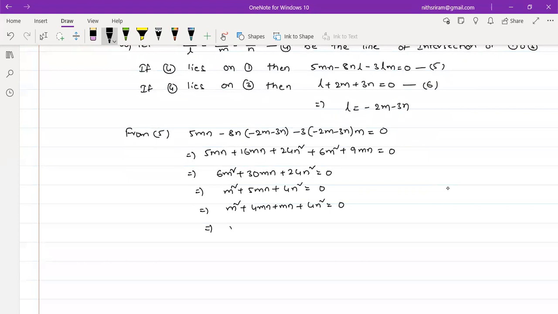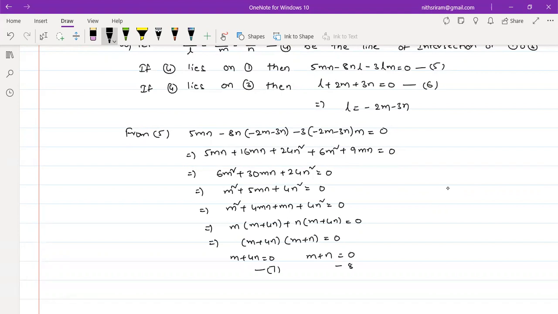If we take m common from the first two terms, we get m plus 4n, and if we take n common from the last two terms, we get m plus 4n. Finally, we take m plus 4n common so that we get m plus 4n into m plus n is equal to 0. So we get two equations, m plus 4n is equal to 0 and m plus n is equal to 0. Once again, we treat this as 7 and this as 8.